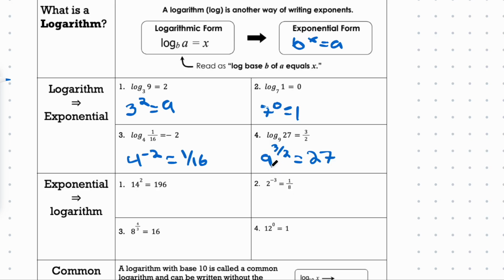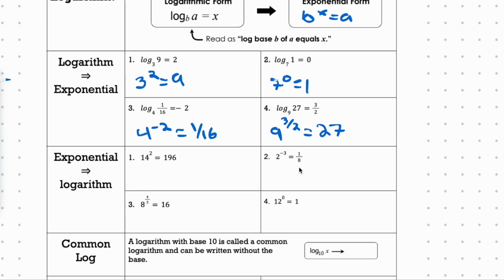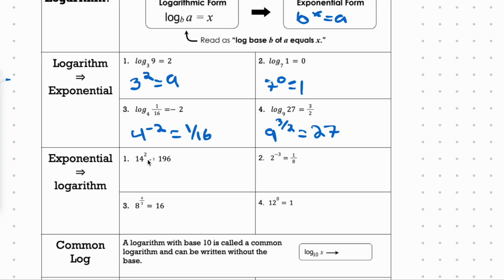Yeah, because we can basically split this up into 2 separate steps. 9 to the 1/2 power, or we can translate this to radical form, but I'm just going to leave it how it is. 9 to the 1/2 power is 3, right? The square root of 9 is 3. Then 3 cubed is going to be 27. That makes sense.